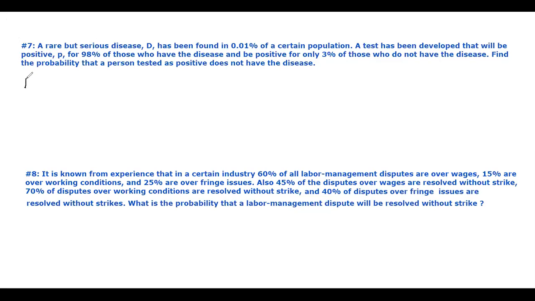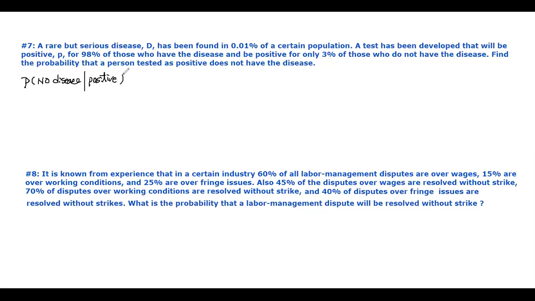So in here you want to find the person who tests positive, right? Test positive means given the condition that the test is positive, the person has no disease. So this is no disease, given that my test is positive.